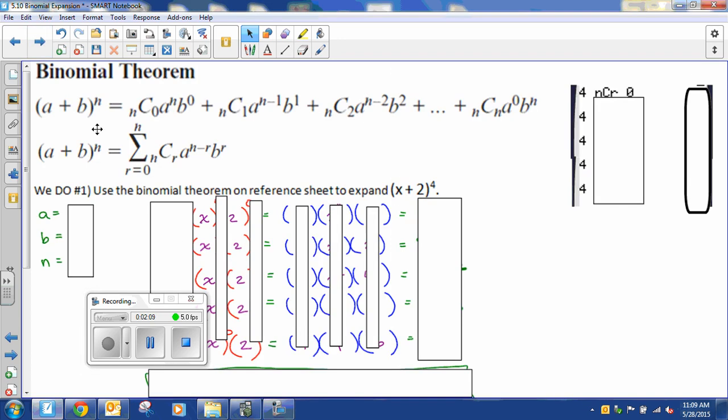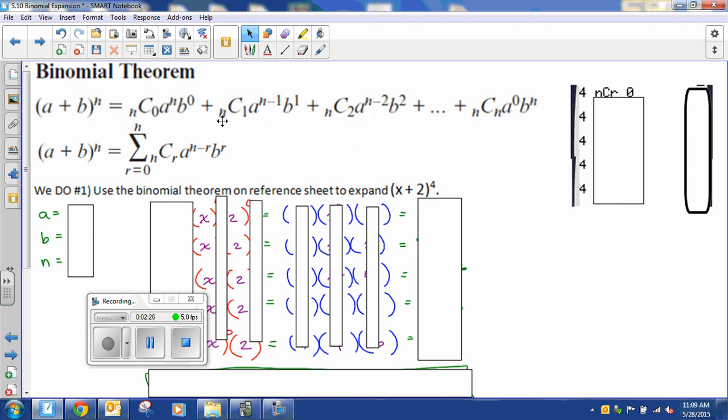And here is a zoom up, and it looks like this. So we have (a + b) to the nth power. We have n choose 0, first term to the nth power, b to the 0 power. And this pattern continues.